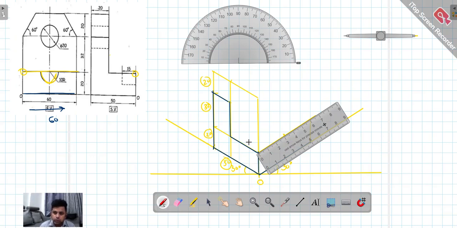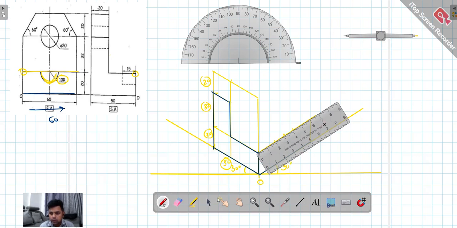Okay, so we are now supposed to draw the circle. What is the radius of this circle? It is 10. Therefore the diameter is 20. So 10 mm this side, 10 mm this side, correct?